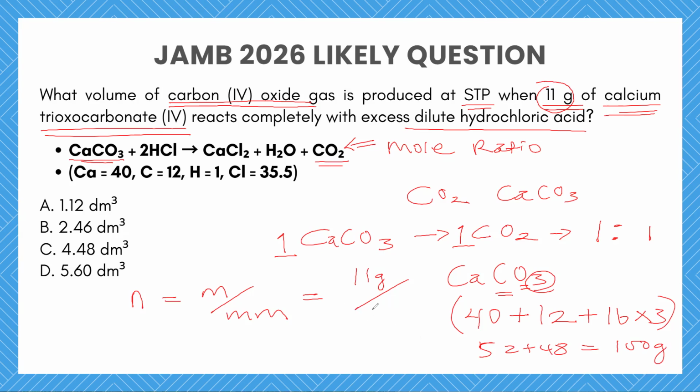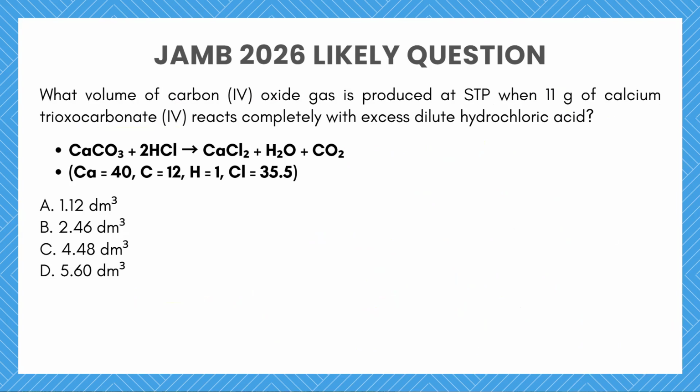So the number of moles is 11 divided by 100, which gives us 0.11 moles of calcium carbonate. We can put that into our mole ratio. From the equation, 1 mole of calcium carbonate produces 1 mole of carbon 4 oxide.